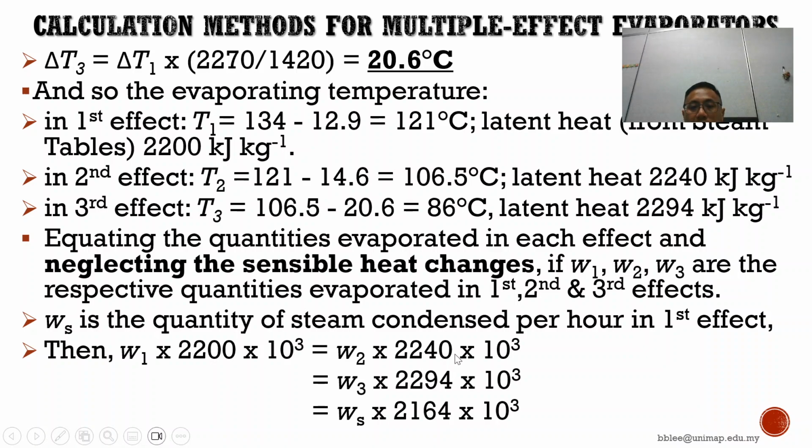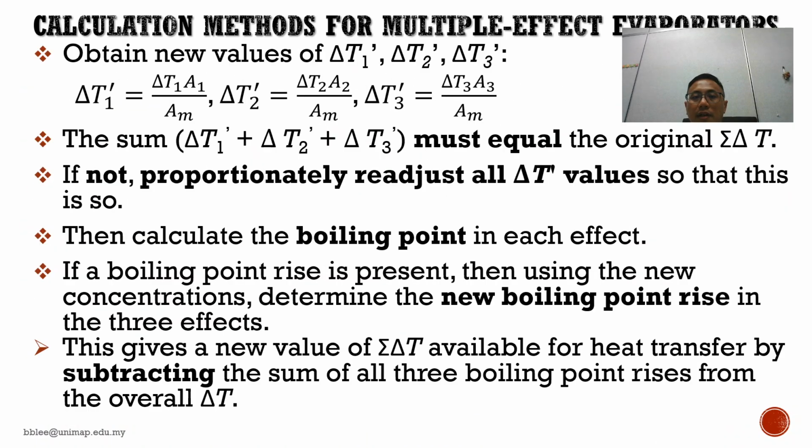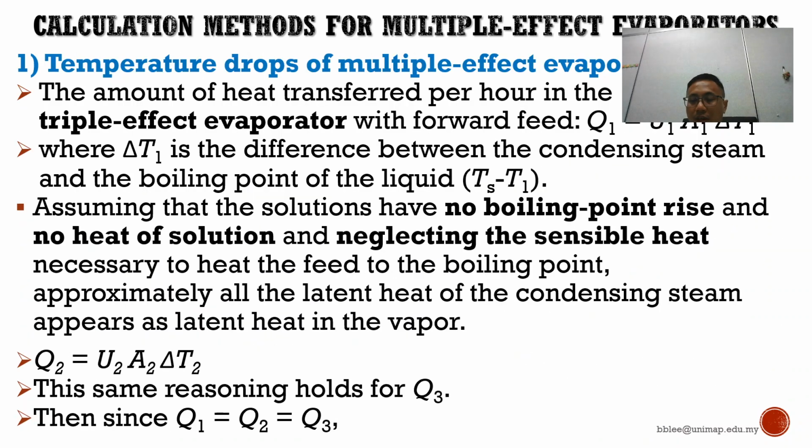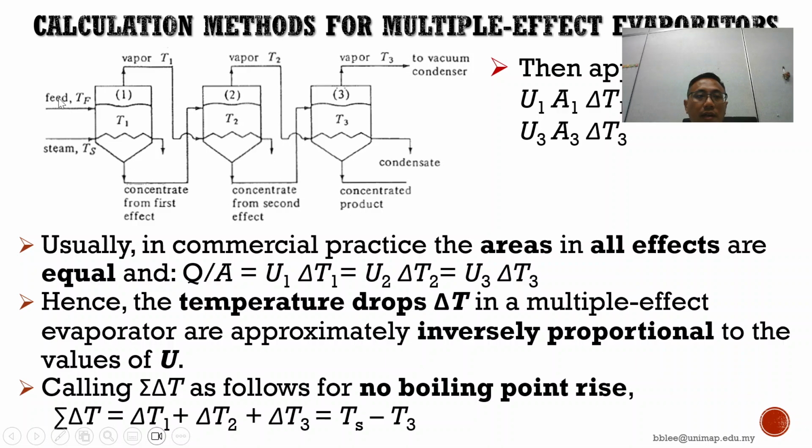Okay, then the second effect is also based on the latent heat here. The third effect will be the latent heat here, and then this is the condensate amount. Okay, so if you look back, we have the amount here: W1, W2, W3.